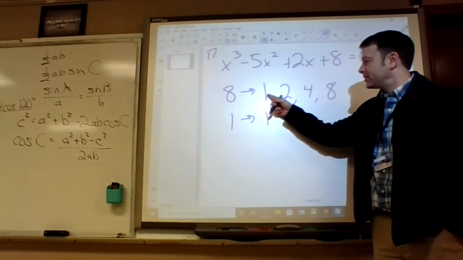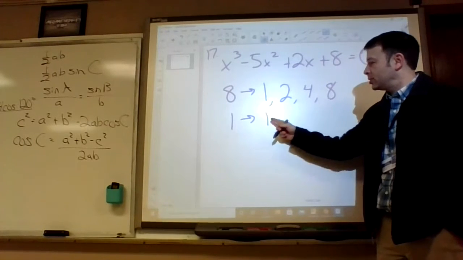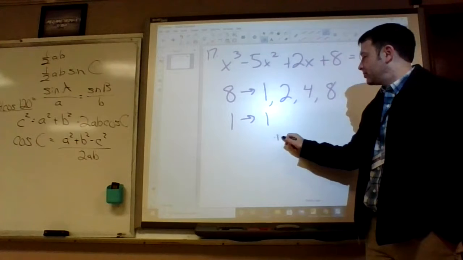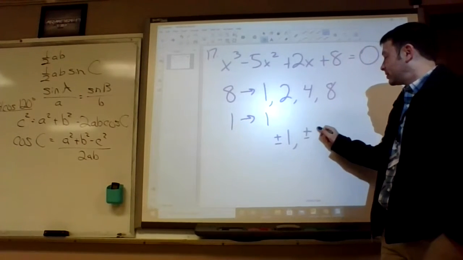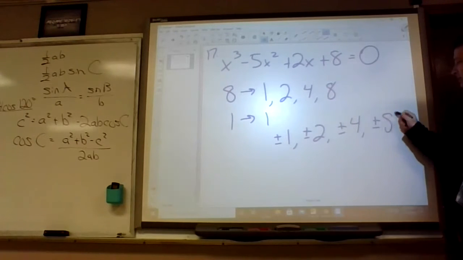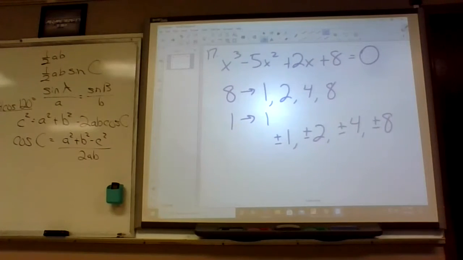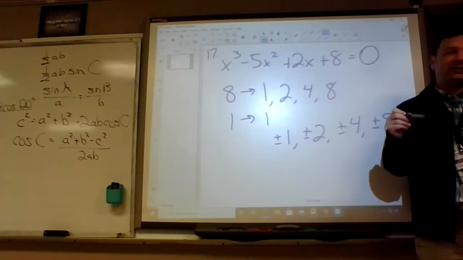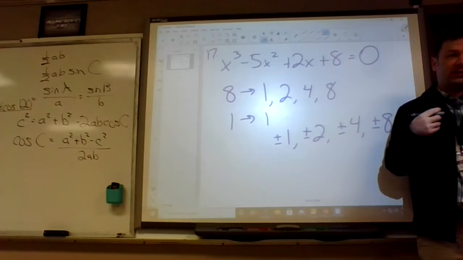So the possible roots are 1 over 1, 2 over 1, 4 over 1, 8 over 1, which is 1, 2, 4, and 8. But also, they could all be positive or negative. Really the hard part is figuring out the first answer, because once you figure out the first answer, there's a trick to find out the other answers.